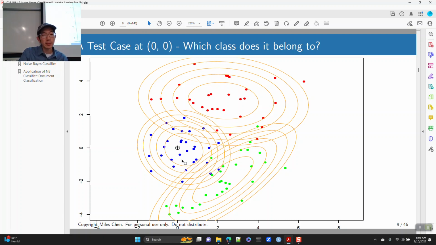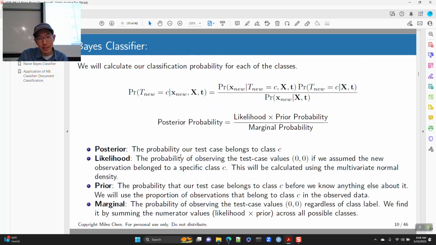When we give a test case, such as this point at 0, 0, and ask what class it belongs to, we can spot it ourselves and say it belongs to blue. When we run the Bayes classifier, is it going to align with our intuition? The answer is yes.